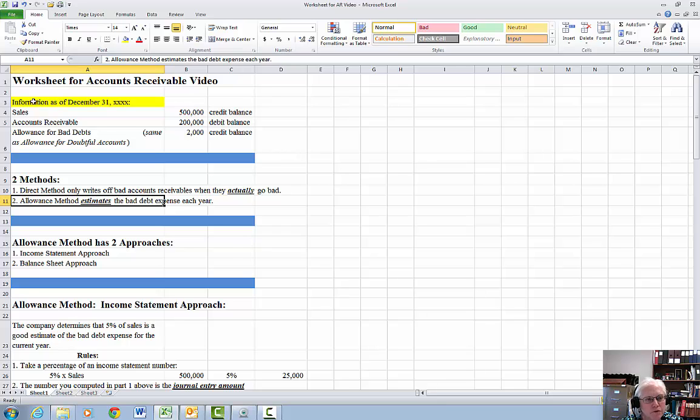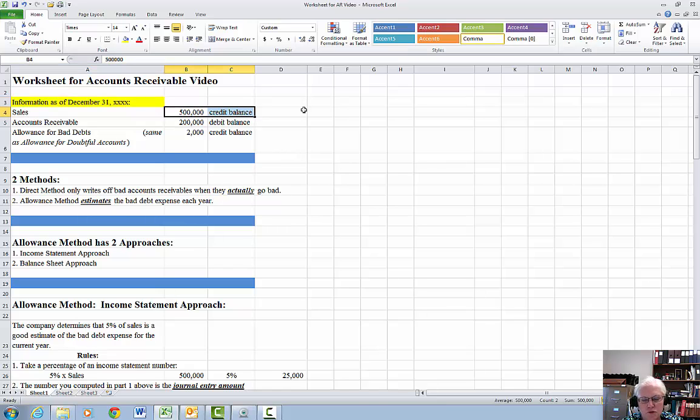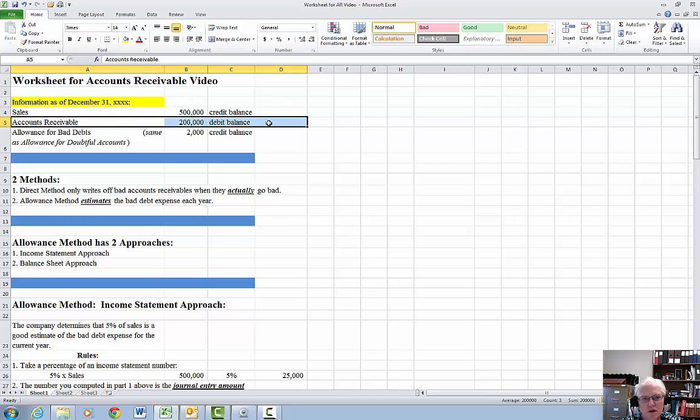The information that I'm going to use in each example is: sales is going to be $500,000, and that has a normal credit balance. Accounts receivable has a normal debit balance, and it's going to be $200,000 for right now. The allowance for bad debts is also the same account as allowance for doubtful accounts.